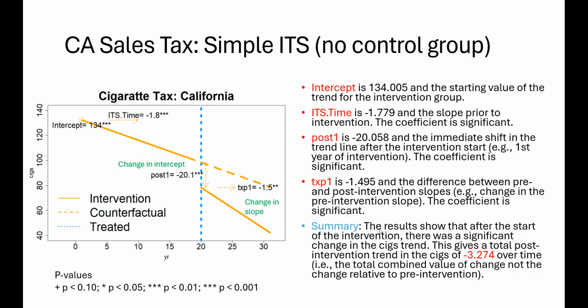So in summary, the results show that after the start of the intervention, there was a significant change in the cigarettes trend. This gives a total post-intervention trend in the cigarettes of negative 3.27. In other words, the total combined value of change, not the change relative to the pre-intervention.